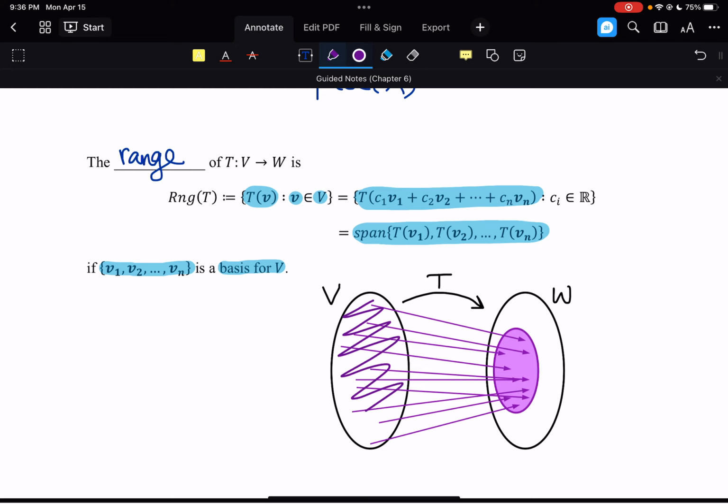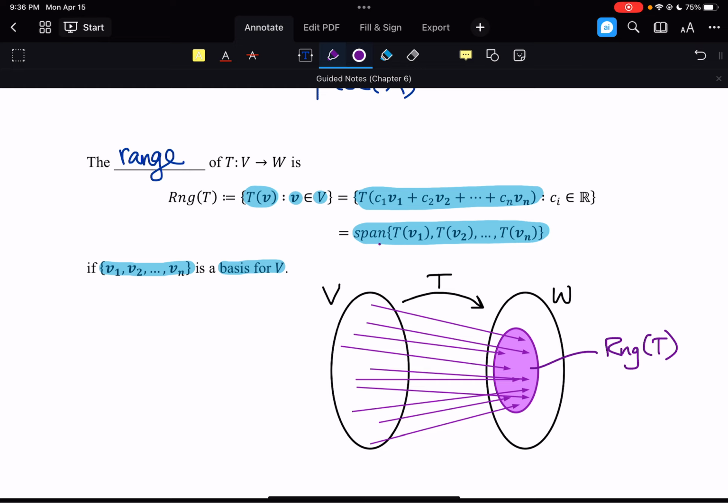So everything in here transforms to something in this part of W. This is the range of T. It doesn't necessarily have to transform to all of W. If it did, that would again be a special case. But there can be values in W that maybe didn't get transformed from V. Maybe V only transforms to a certain type of vector in W. But regardless, the range is going to be the set of all transformed vectors from V.